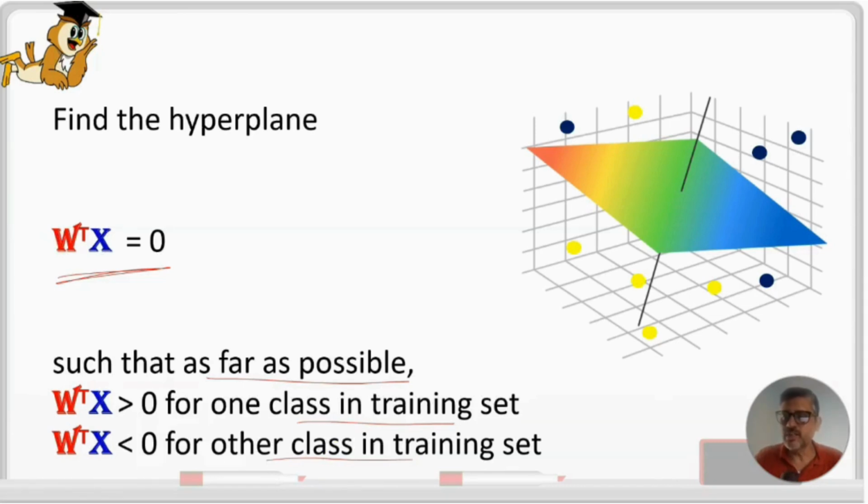Out of the training data, some points lie in one class, some points lie in the other class, and our job is to find the hyperplane that best segregates the points in the two different classes in the training set. So again, words like as far as possible are a clear hint that you have to set this up as an optimization problem.